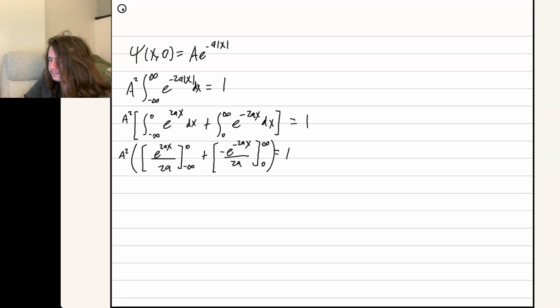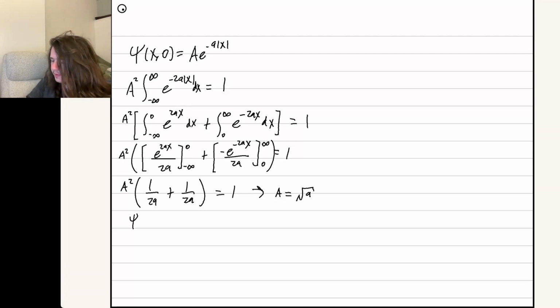And so e to the 0 is 1, so we get 1 over 2a, and everybody knows e to the minus infinity is basically 0, so don't even worry about that. Then we get another e to the minus infinity, so also 0, and then we get plus e to the 0 over 2a, so just another 1 over 2a.